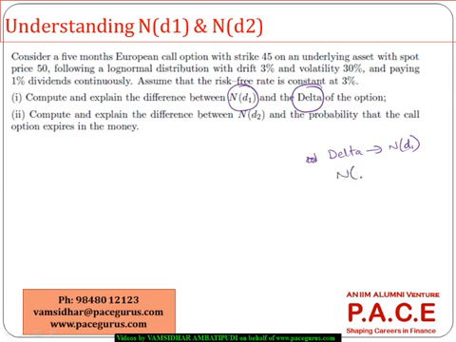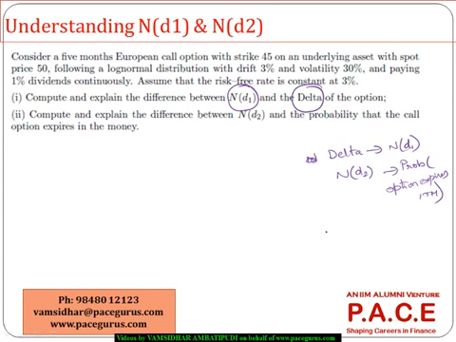Similarly, when I talk about N(d2), we say that this is the probability that the option expires in the money. So when do we say that they are equal? When do we say they are different? Let's try to compute and understand the difference very clearly.